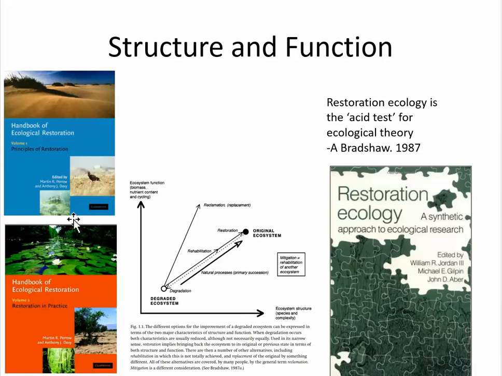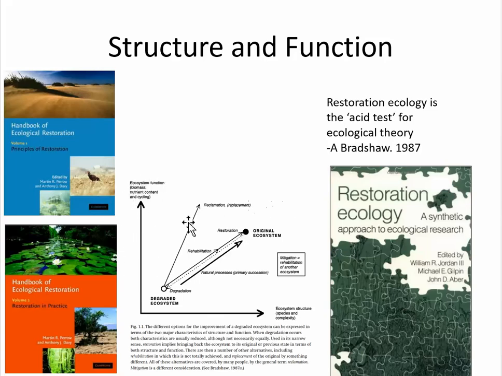The figure in the middle is also from Anthony Bradshaw, and it's trying to capture the essence of restoration ecology. We have ecosystem structure on the x-axis, species and the complexity of species, and ecosystem function, nutrient cycling, nutrient content, biomass on the y-axis.